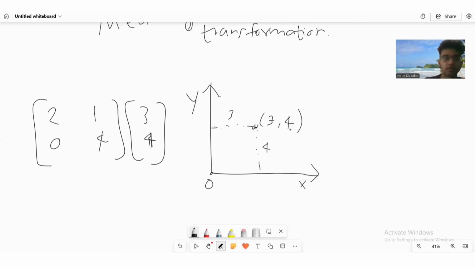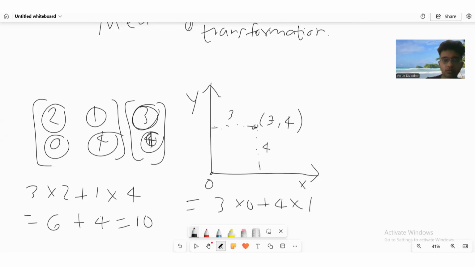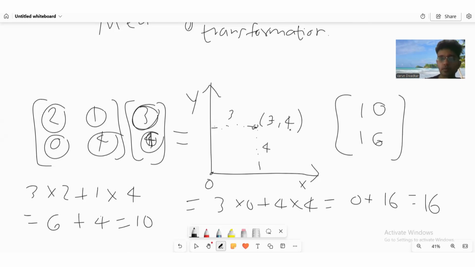So what we do is 3 multiplied by 2 plus 1 multiplied by 4. That gives us 6 plus 4 equals 10. And then 3 multiplied by 0 plus 4 multiplied by 4 gives us 0 plus 16 equals 16. So the new coordinate system of this point becomes 10, 16. All right.